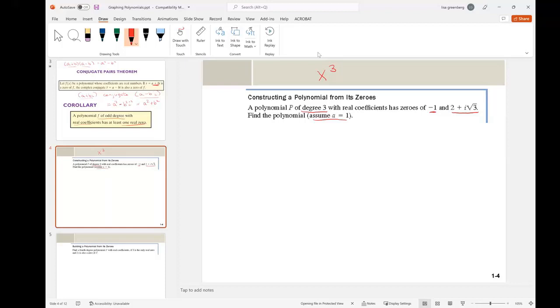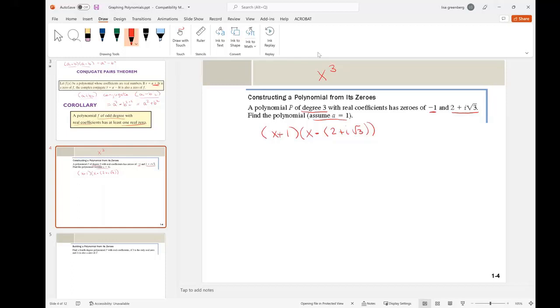So I know I have a 0 at -1, which means I have a factor of x plus 1. I also have another 0 that's complex. So I have x minus (2 plus I times the square root of 3), right? Because 2 plus I times the square root of 3 would make that 0.